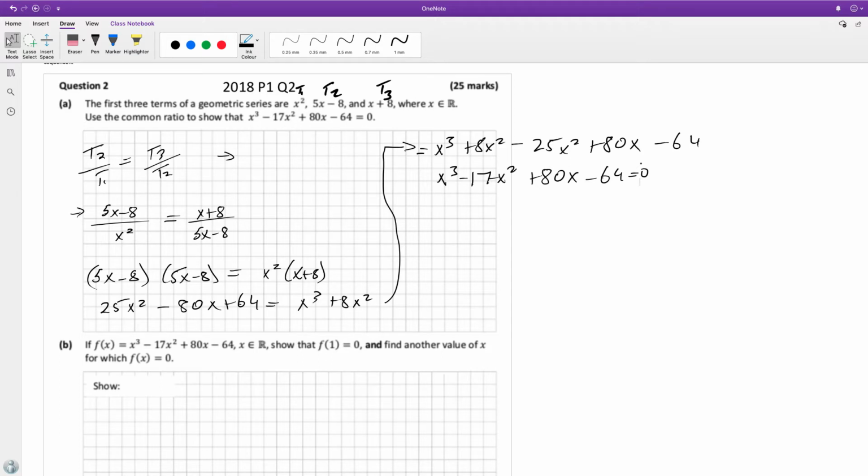Right. If f of x is equal to x cubed minus 17x squared plus 80x minus 64, show that f of 1 is equal to 0 and find another value for x for which f of x is equal to 0. Anyone know what we're going to do here? First, wherever there's an x, we're going to sub in a 1.